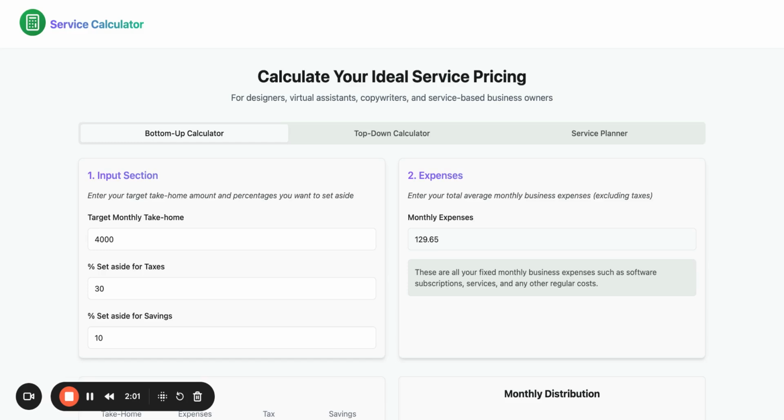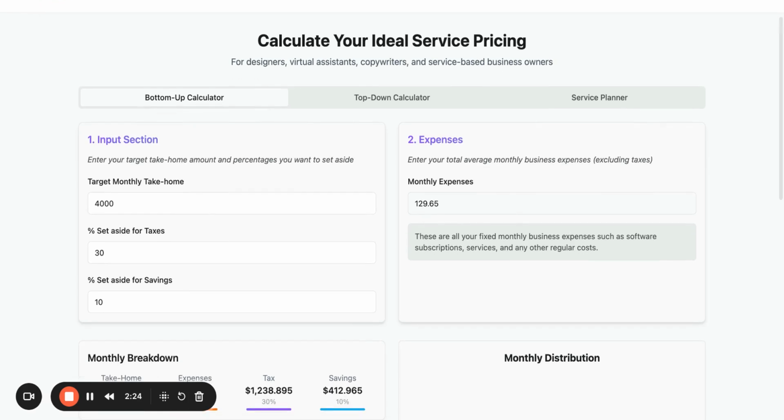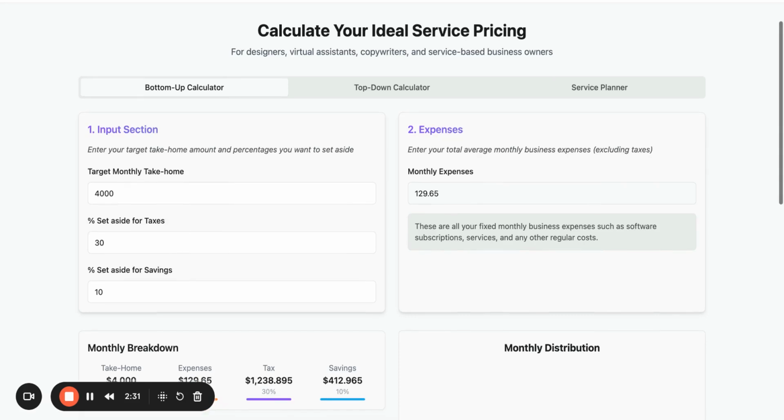Then there's the top-down approach, which starts with how much money you want the business to be making every single month, and the amount of savings or expenses or what you're paying yourself can shuffle out based on that total price. I want to walk you through what both of these versions look like. I have a feeling where I think you're going to end up, but we can toggle on both options really easily, which makes this calculator super handy.